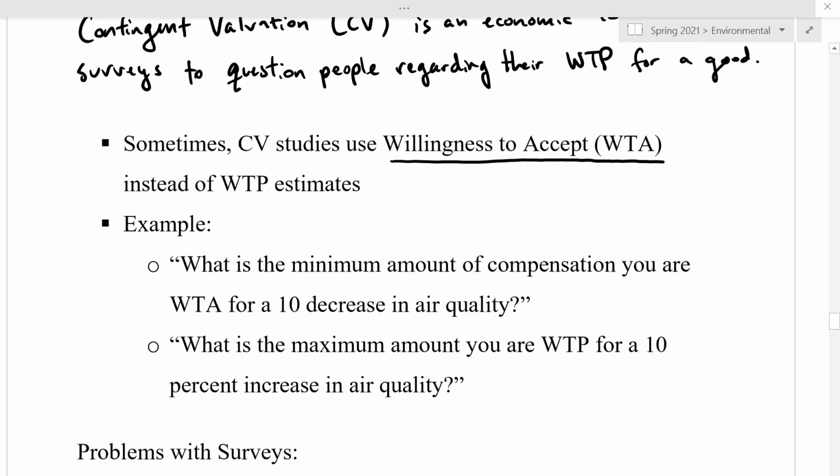To give an example of the difference, this first one is willingness to accept. The second one is willingness to pay. And so they seem equivalent. What is the minimum amount of compensation you are willing to accept for a 10% decrease in air quality versus what is the maximum amount you are willing to pay for a 10% increase in air quality?